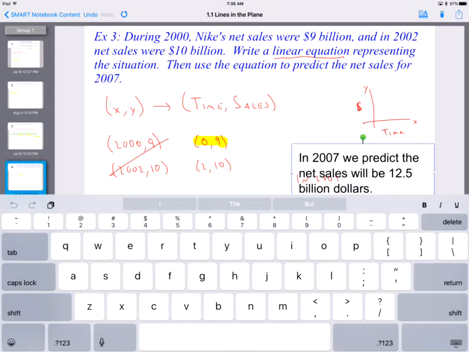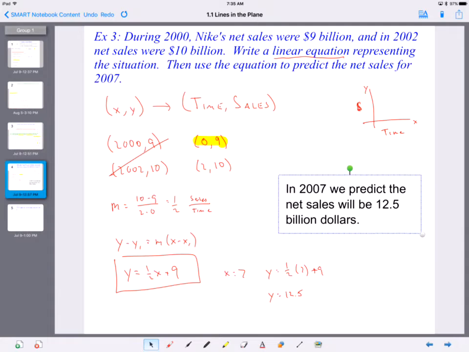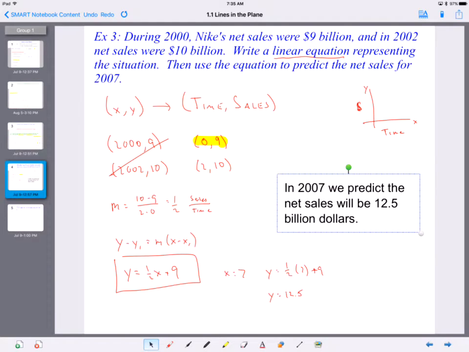Or I could have put the dollar sign in front of the 12.5 and just put 12.5 billion. Either way is fine. So in 2007, we predict the net sales will be $12.5 billion. So I'm looking for an answer in terms of that. What is it specifically that we're talking about? Make sure you have the labels and stuff on there.